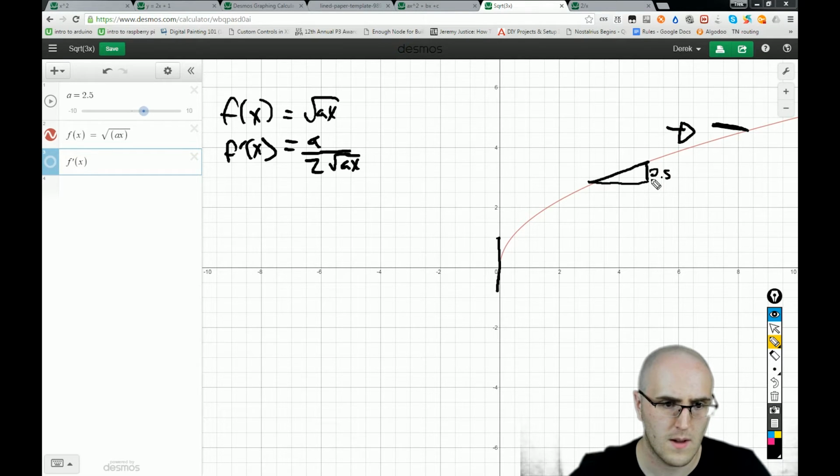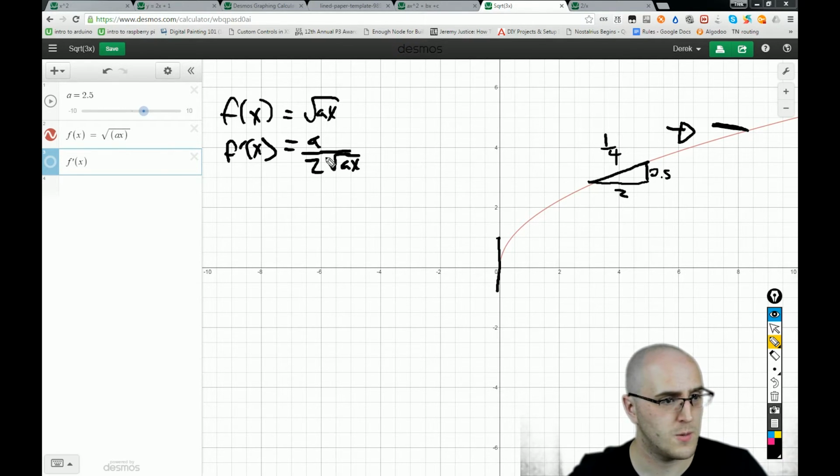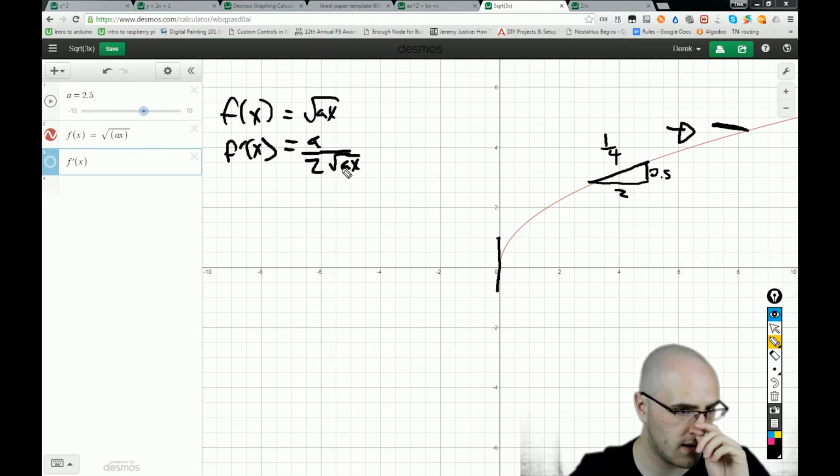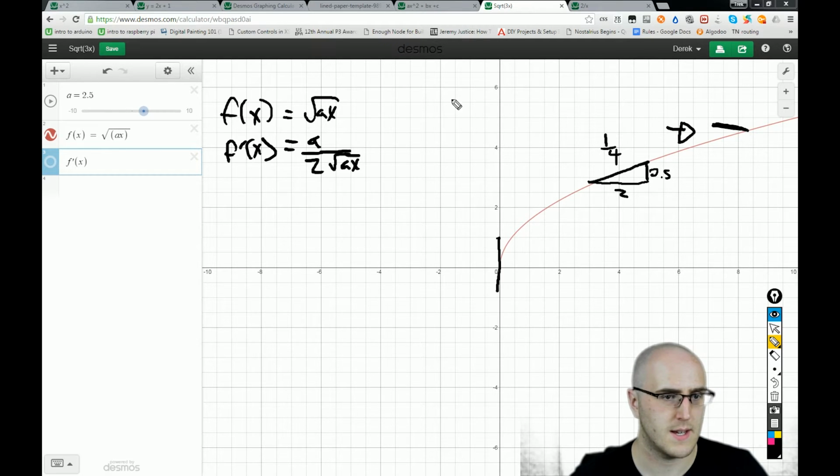And this is 1, and this is 2. So we got a slope of 1/4 right here. Well, let's plug it in. We'll plug in 4 and 2.5, so we get square root of 10 here, and 2.5 over 2.